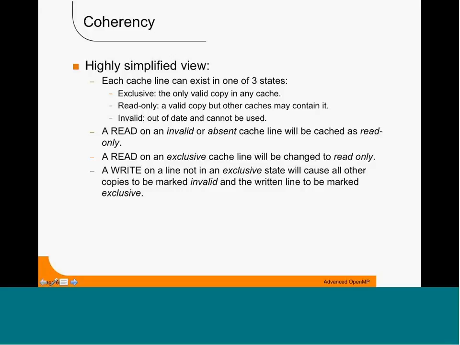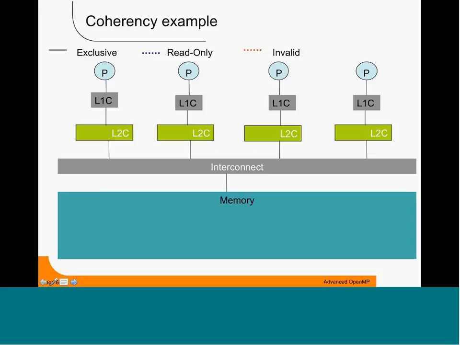Here, let's say a cache line can exist in one of three states: one called exclusive, another called read-only, and the third called invalid. Exclusive means you have the only valid copy, which is correct. Read-only means you have a valid copy, but it may also be in another cache. And invalid means it is out of date.